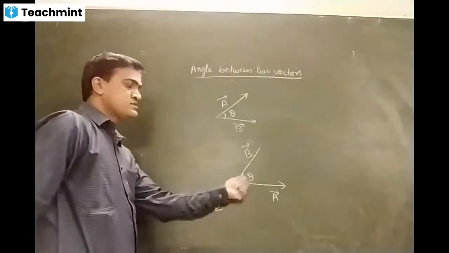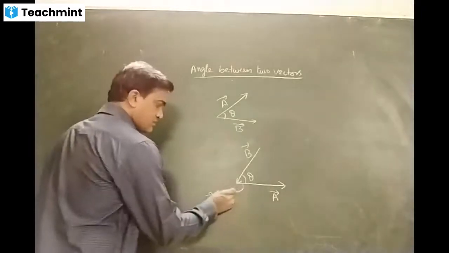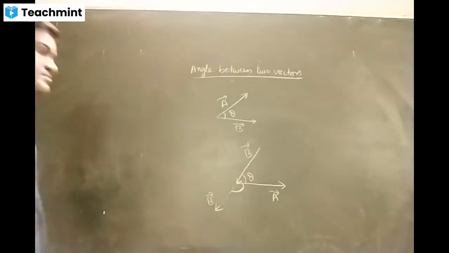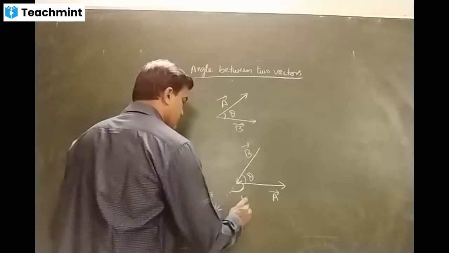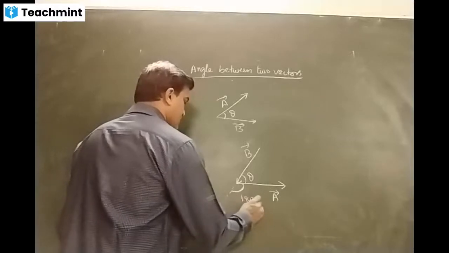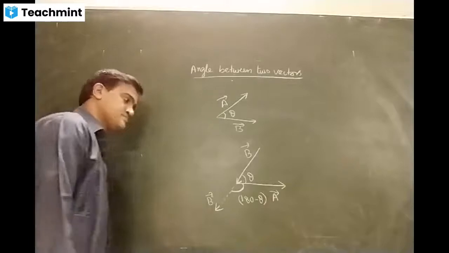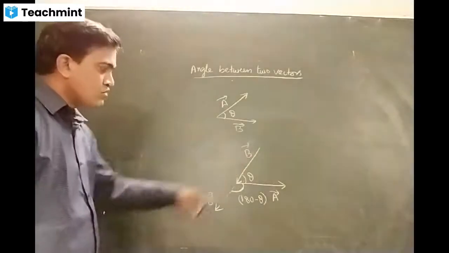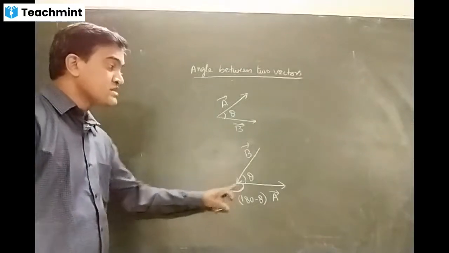If I take this angle as theta, now what about this angle? 180 minus theta. Right? Now, if I move like this, tail of vector B is touching tail of vector A.